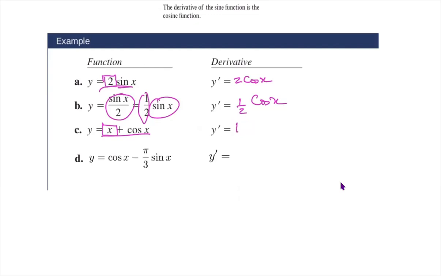And then plus, what's the derivative of cosine x? The derivative of cosine x is negative sine x. You need to know this. So basically it's just 1 minus sine x.